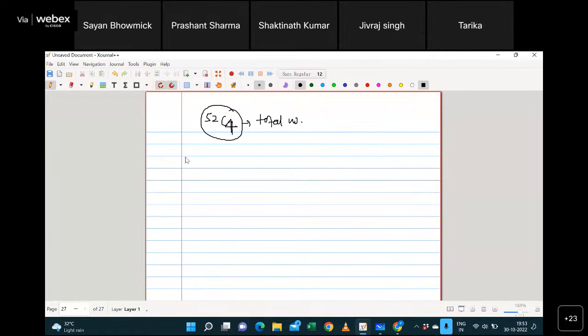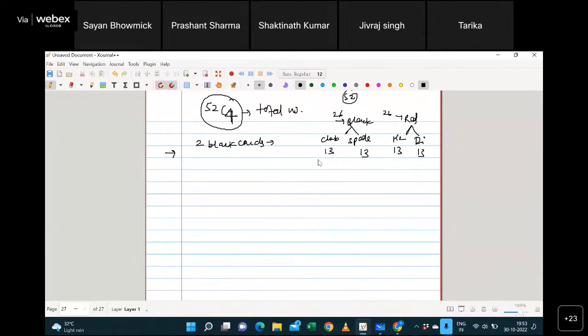And in how many ways can you choose 2 black cards? 26 C2, because in a pack of 52 cards, 26 are black and 26 are red. Out of these, 13 are club, 13 are spade, 13 are heart and 13 are diamond.